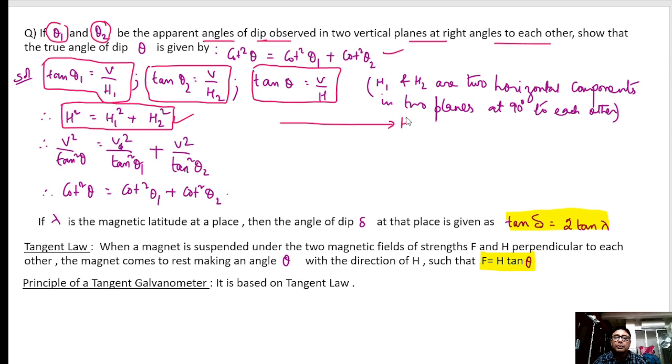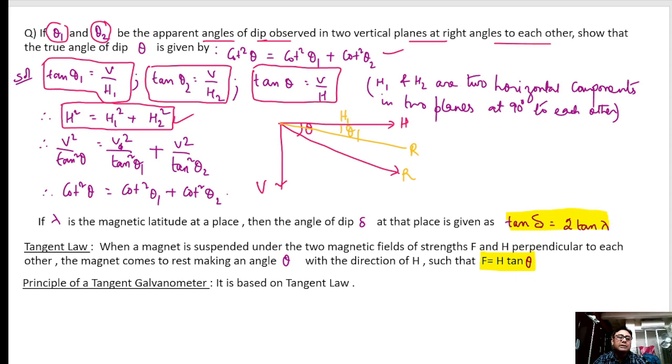This is the horizontal component, this is the Earth's magnetic field, this was the theta, and this is the vertical V. If this is theta 1, then tan theta 1 will be V by H1.